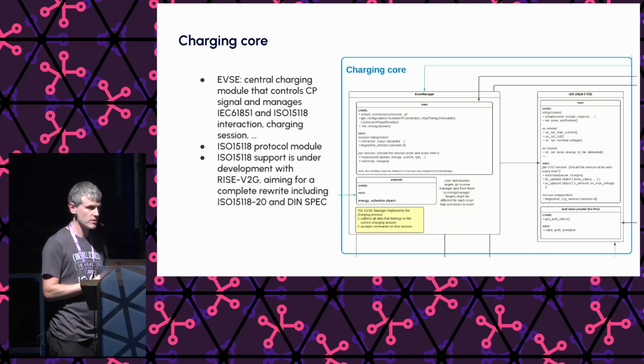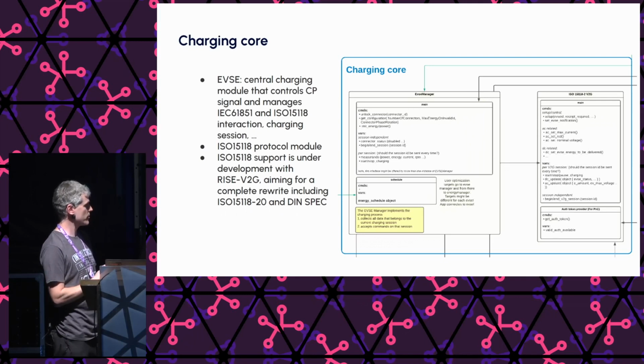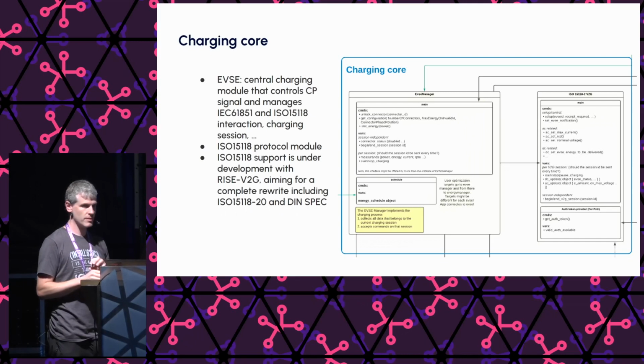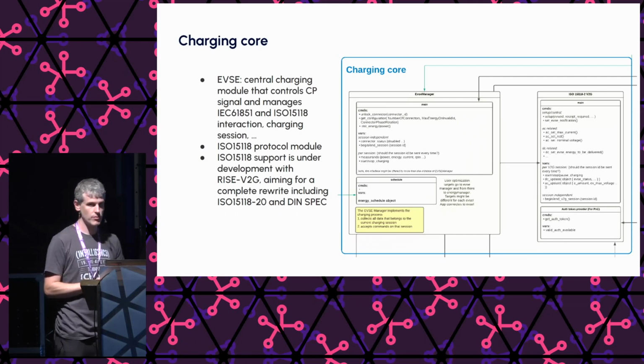And it also manages all the interaction between the different norms. Marco briefly talked about this. There's a basic signaling, which is just a PWM signal on the control pilot wire. But then they found that it's not enough to just have a PWM signal.